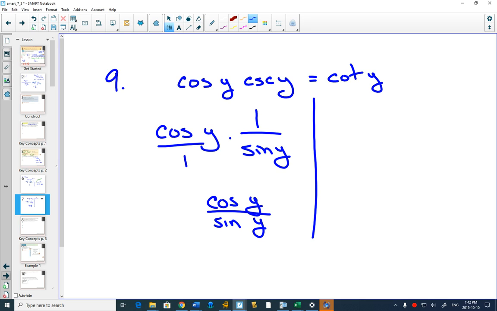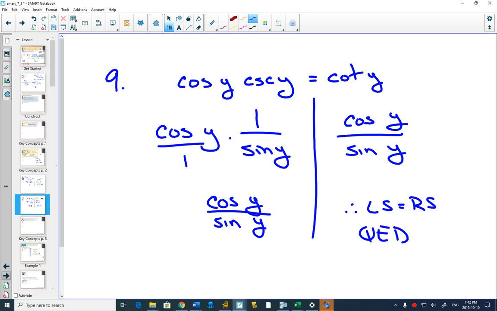I could change to 1 over tangent, or I could change to cos over sine. In this case, if I change it to cos over sine, my left side and my right side are identical. So we can write our statement. Therefore, the left side equals the right side. And we're able to prove it.